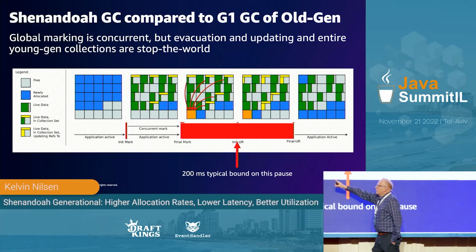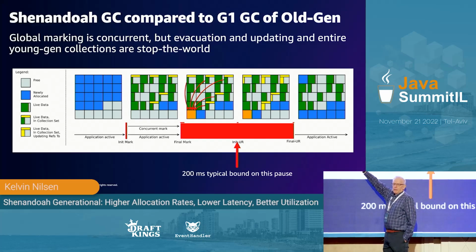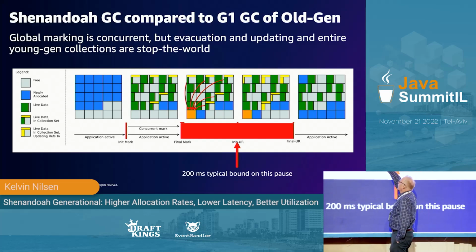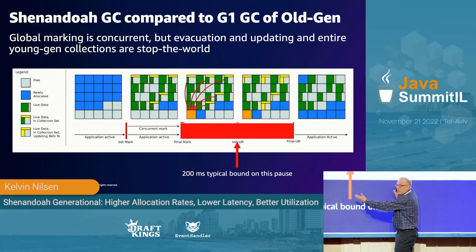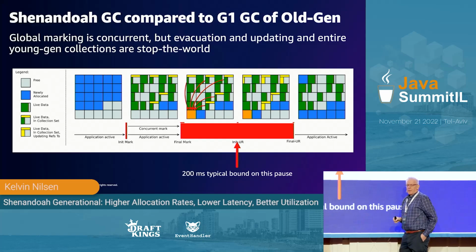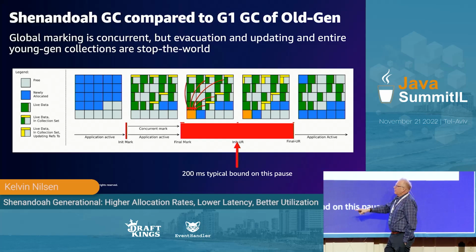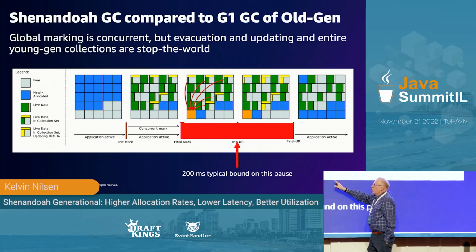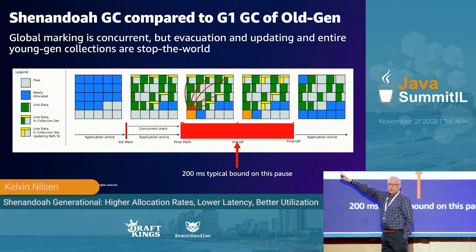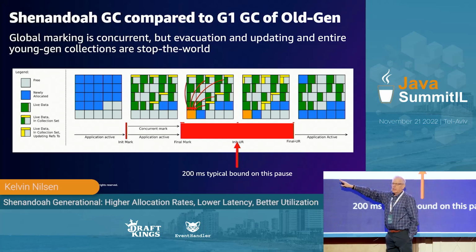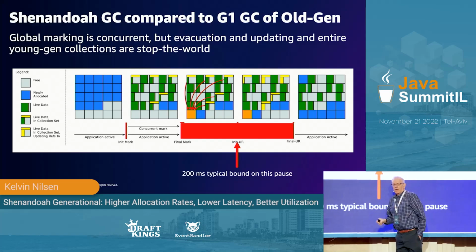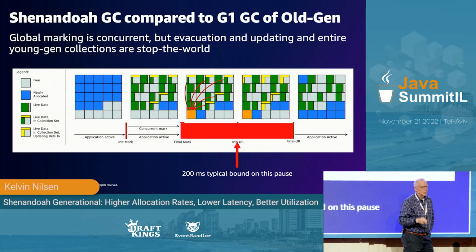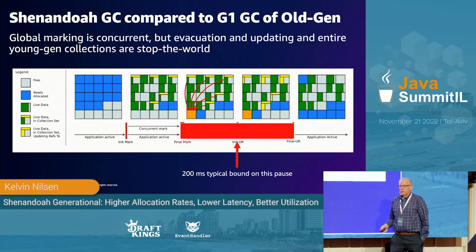That means it will take some subset of the regions you want to collect, and it will collect those with a single atomic action, and then it will start it over again without doing another mark. It will preserve the mark information it already finished, and it will do another evacuation. So you see multiple mixed evacuations.